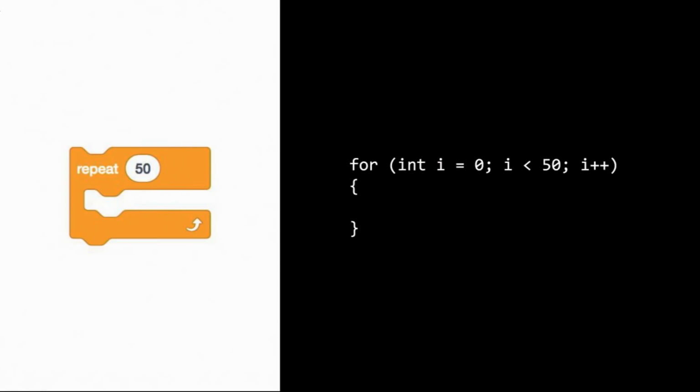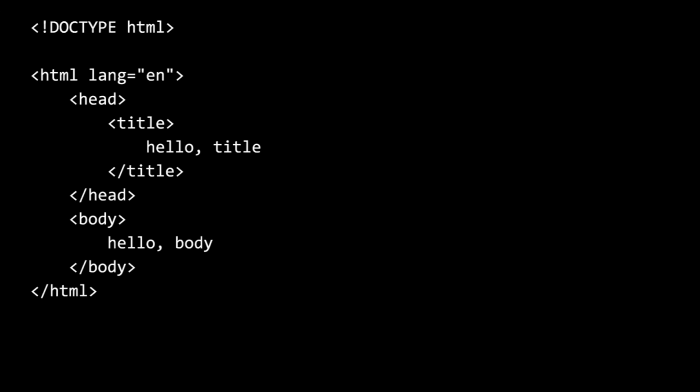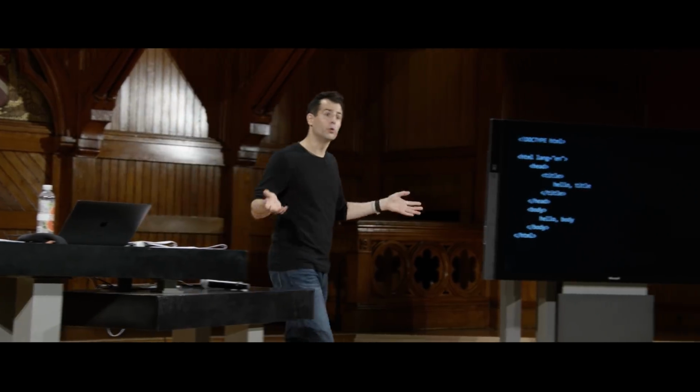Let needs to be used instead. So this is C because it says int i equals 0 and so forth. That's a data type. JavaScript, I just claimed, doesn't worry, you don't need to worry about those data types. So in JavaScript, you would say let instead. But otherwise, the syntax is the same. So that's a nice starting point because there's nothing new to learn syntactically.